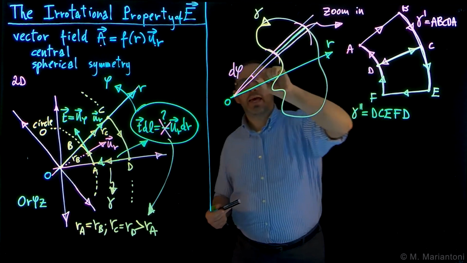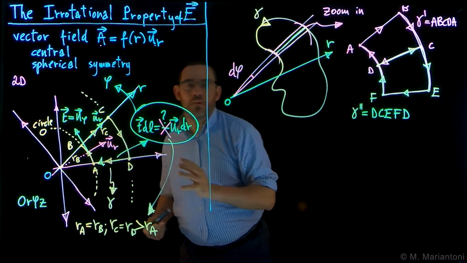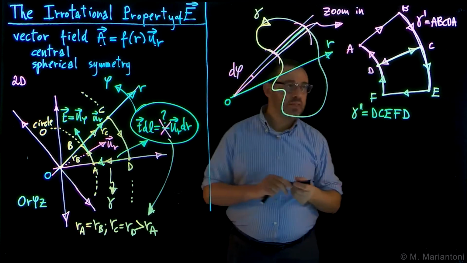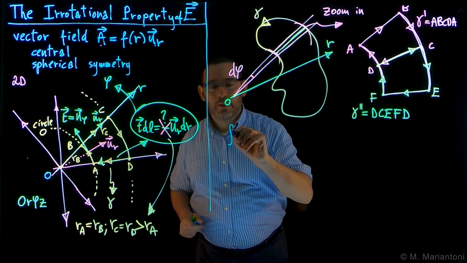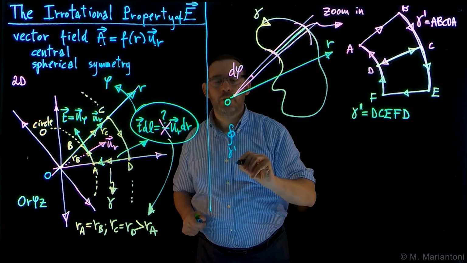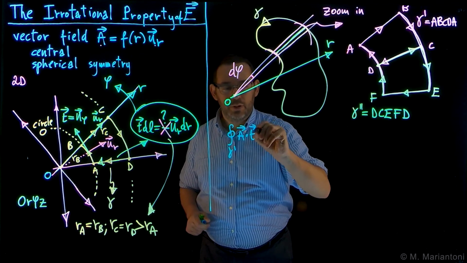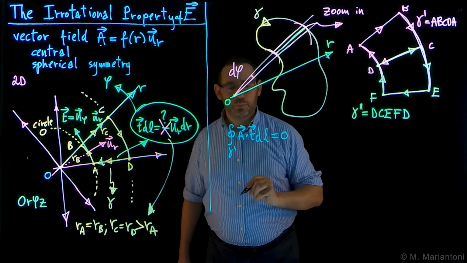The only difference is that it is generated by an angle d bar phi divided by 2, but it's the same shape, okay? So these are concentric arcs with center in O. So obviously the line integral has to be 0, which means the line integral on the closed line gamma prime of A dot t dl, and later I will skip the A dot t dl because it's always the same, has to be equal to 0.